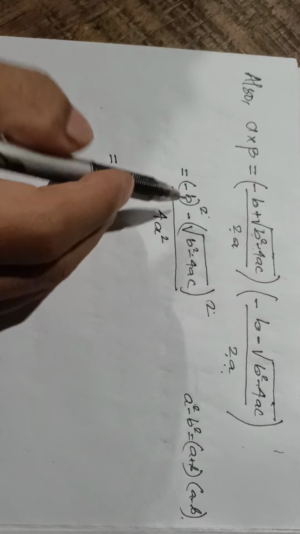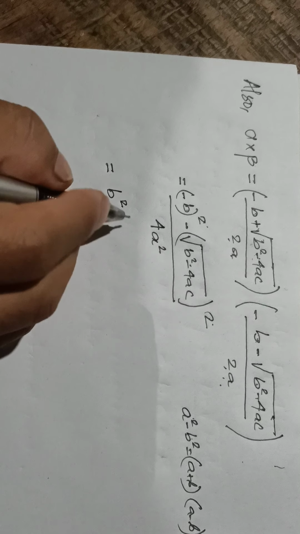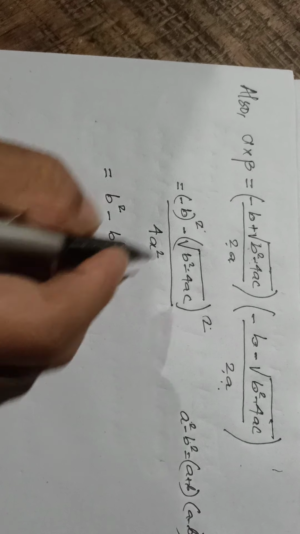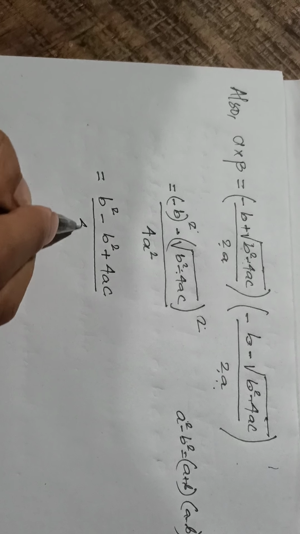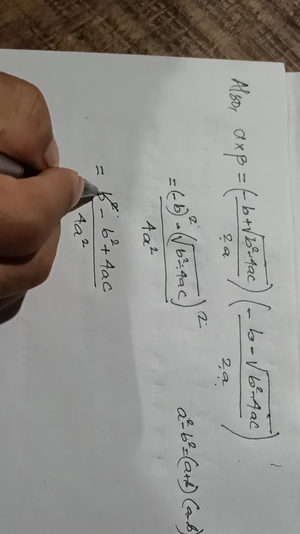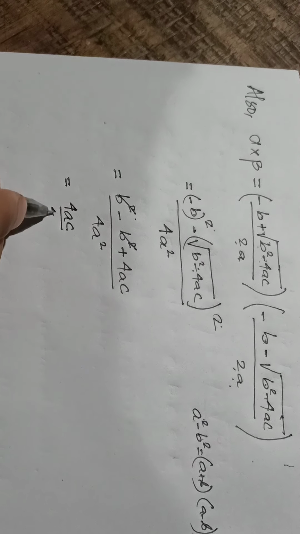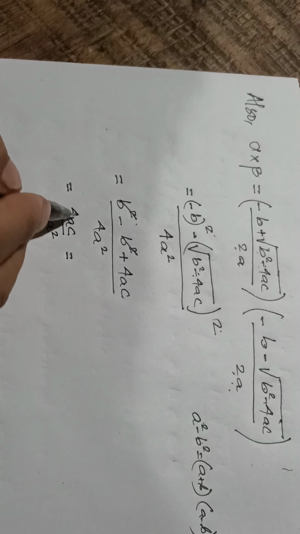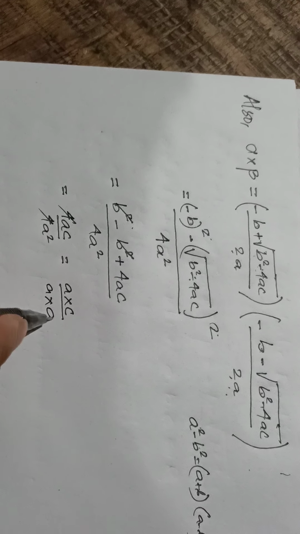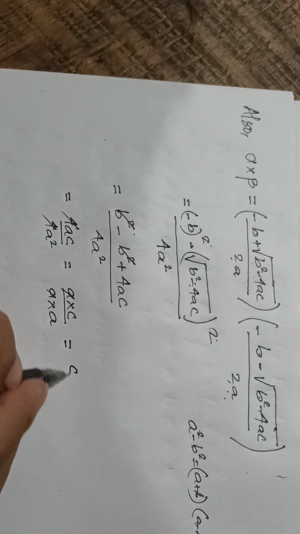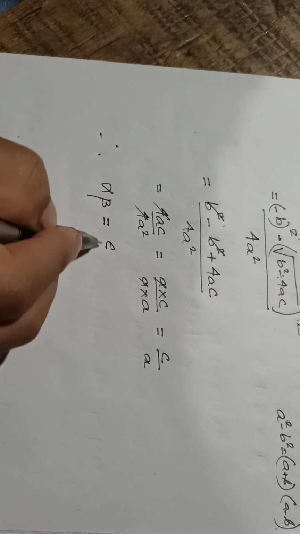Then simplify this one: minus b² is plus... the square and root cancel out, then minus into minus is plus 4ac, divided by 4a². b² and −b² cancel out, so it will be 4ac divided by 4a². 4 and 4 cancel out, of course. ac divided by a², and one of these a cancels out, so it is c/a. Therefore the product of the roots alpha into beta is c/a.